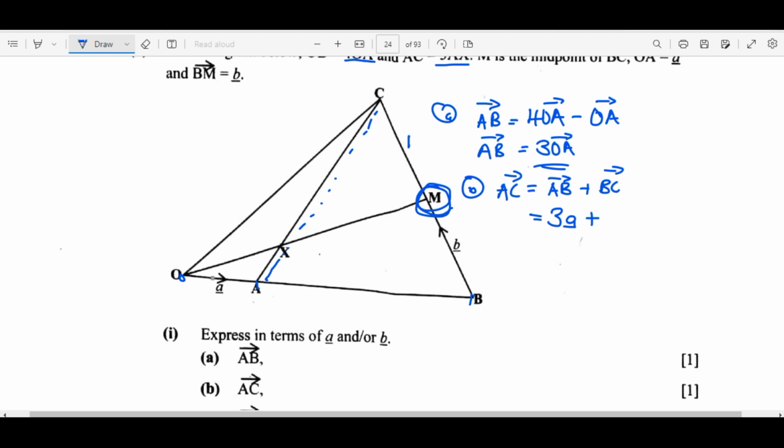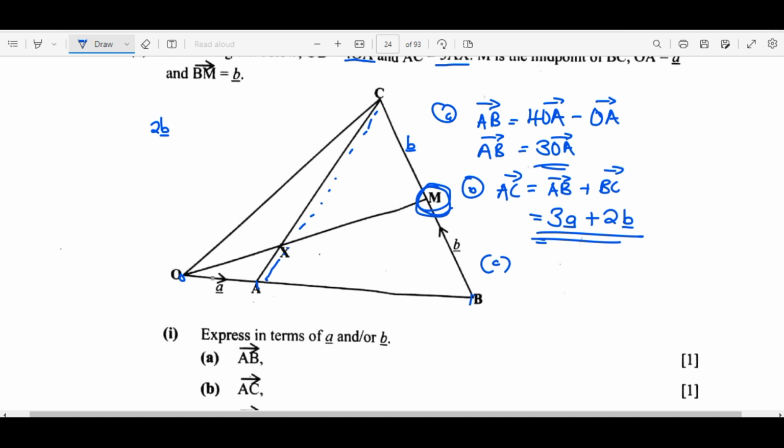Same here, even here we have a B there, because this is a midpoint. So B plus B is 2B. Okay, so these are unlike terms, we cannot solve any further. So that is AC.